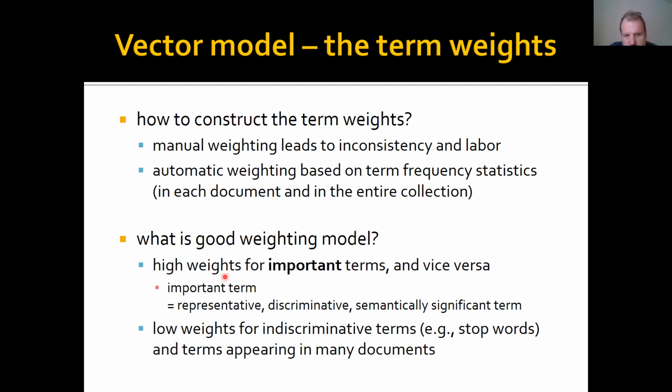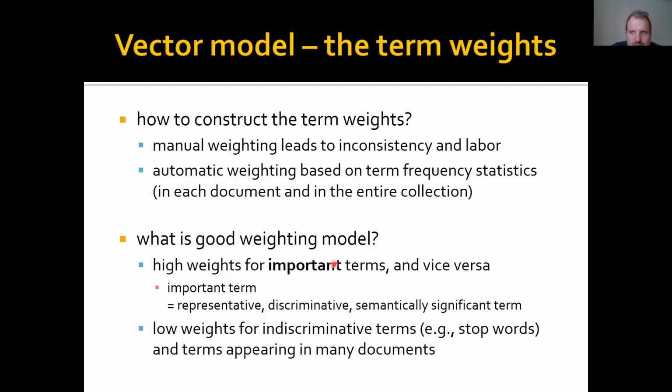The intuition or the purpose of weights is to distinguish between important and non-important terms, but for a particular document. For one document, a term could be important, but for the other, it could not be important, based on the distribution. In one document a term is repeated many times, so it must be important, because if it's repeating many times, that is probably the topic of the document.